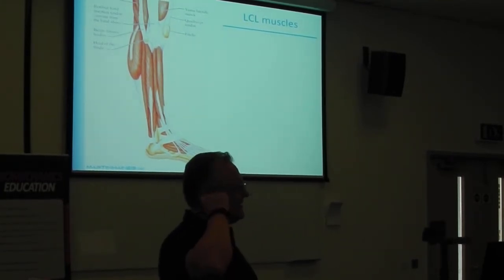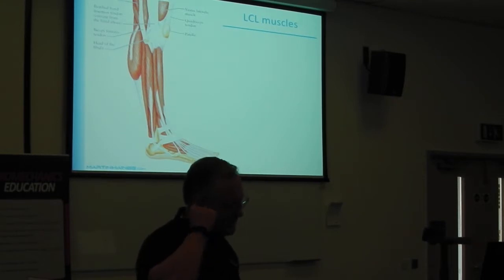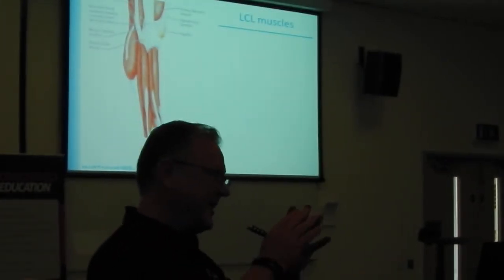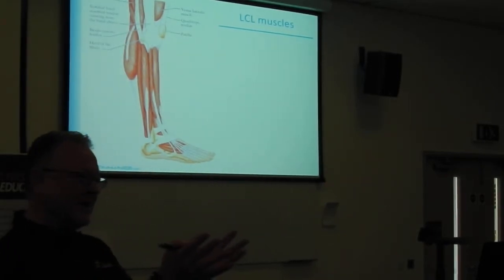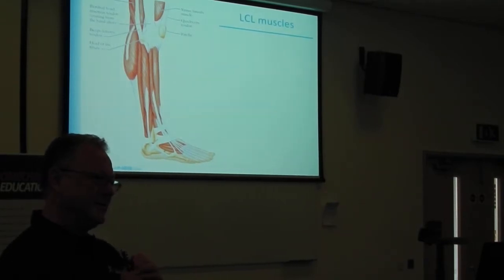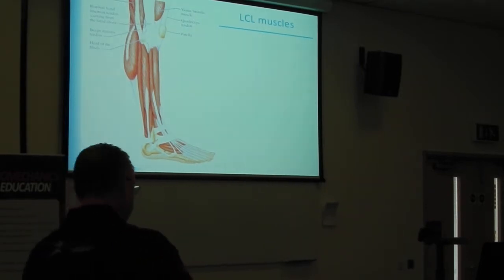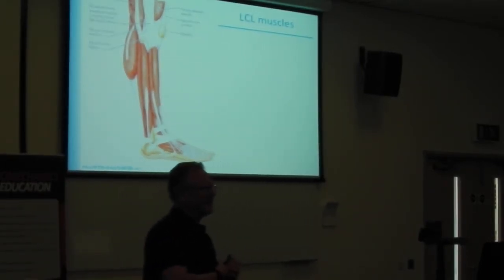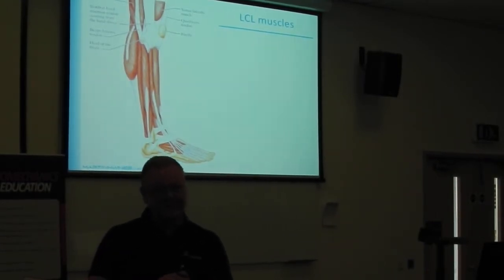Vastus lateralis is more on the anterior side, and it tends to blend around with the patella with the others. I'm thinking about something more posterior. Another one of the hamstrings? Biceps femoris, absolutely.